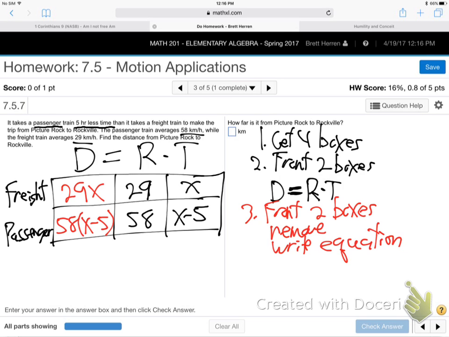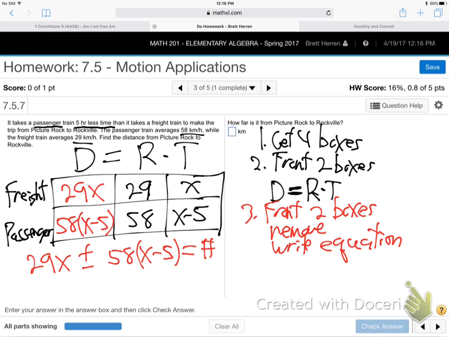Remember, it's the front 2 boxes that make the equation. What do you think? So I'm going to take the 29x. I'm going to take the 58x minus 5. I'm going to write some kind of equation. Am I going to add them or subtract them to equal what number?